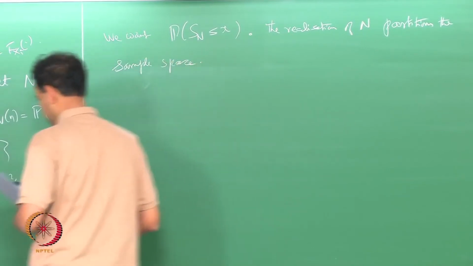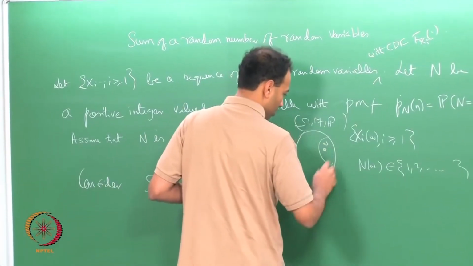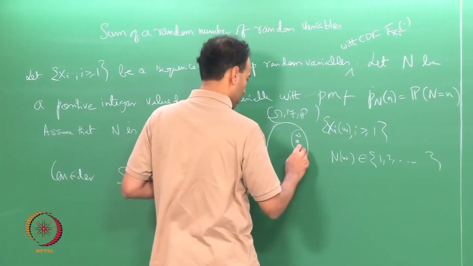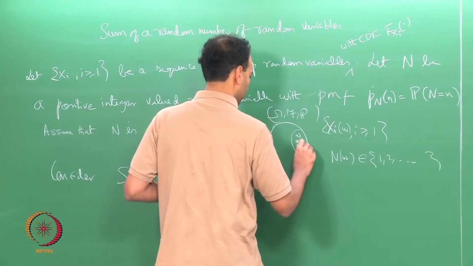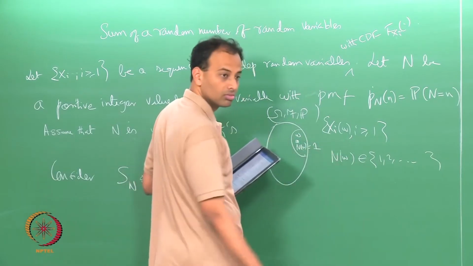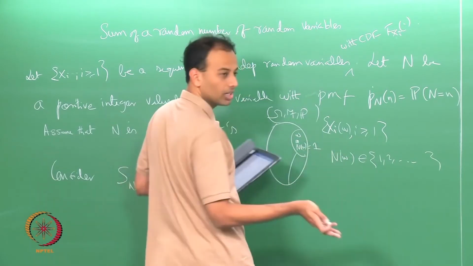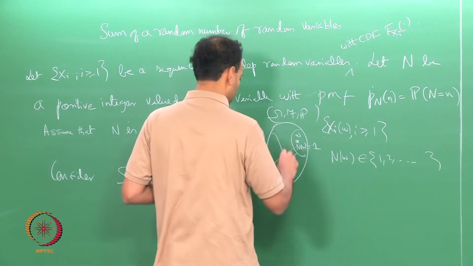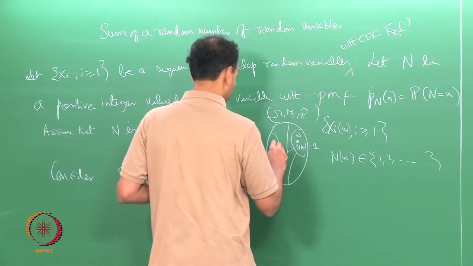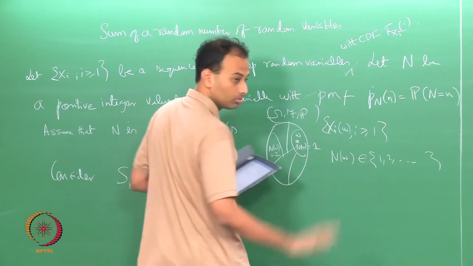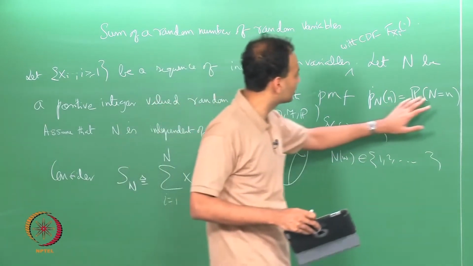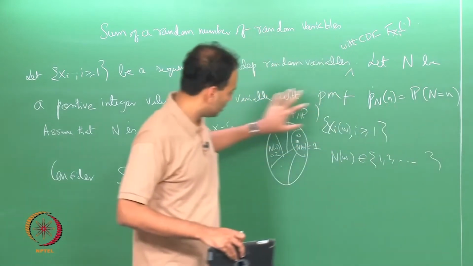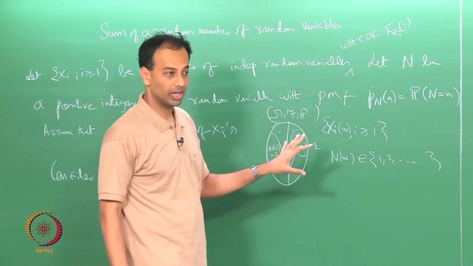So, I am going to look at a partition of the sample space. For certain omegas, N of omega may be equal to 1, and it takes only positive integer values, right. This part may correspond to N of omega equal to 2, right, and so on. So, if capital N takes only finitely many values, the sample space will have only finitely many partitions.